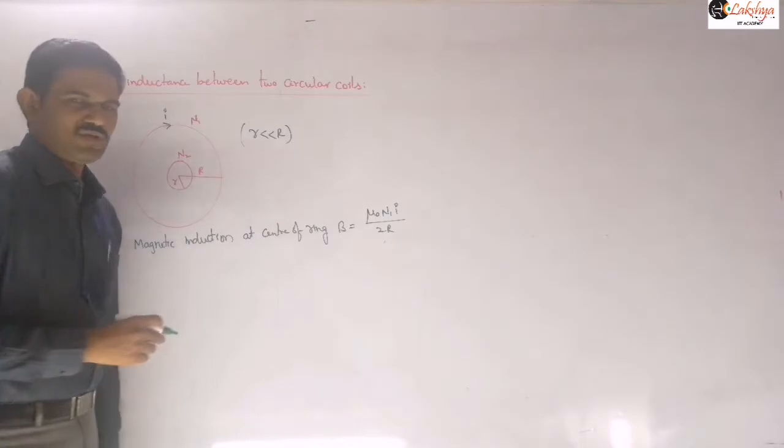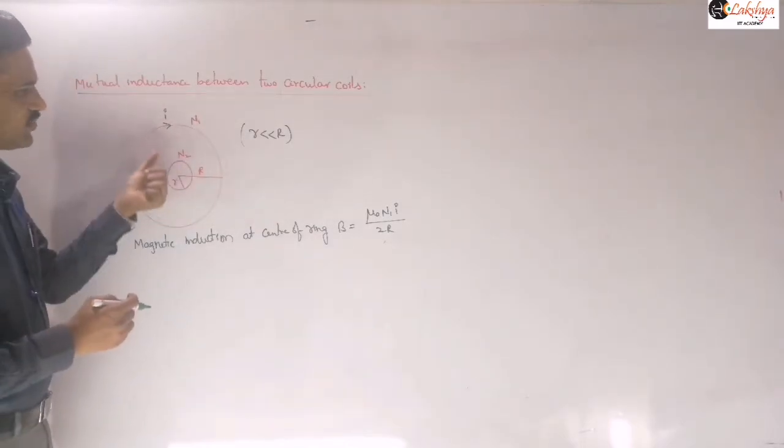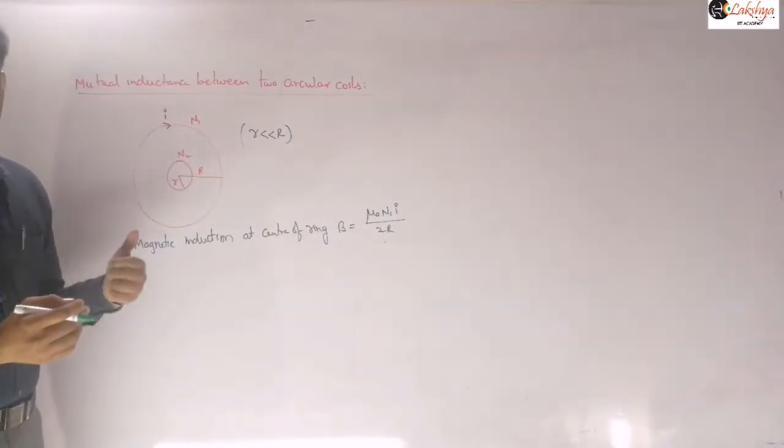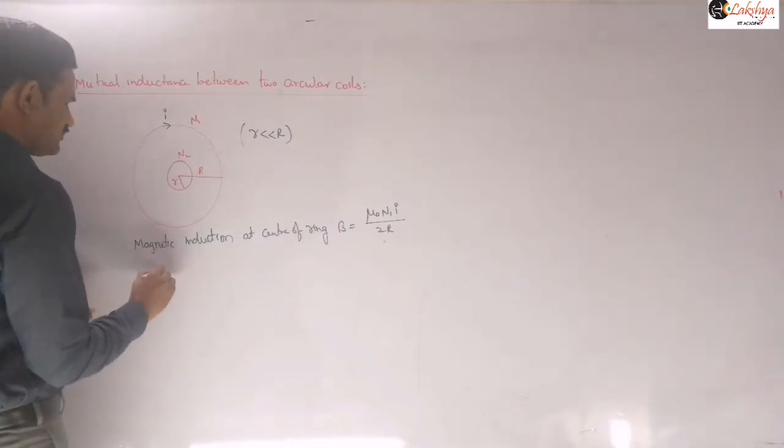This is the magnetic field due to the outer coil at this position. So now let us write the flux passing through this inner coil.